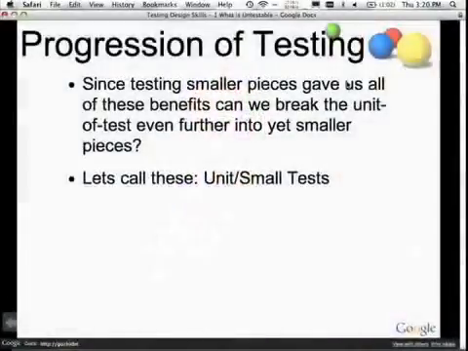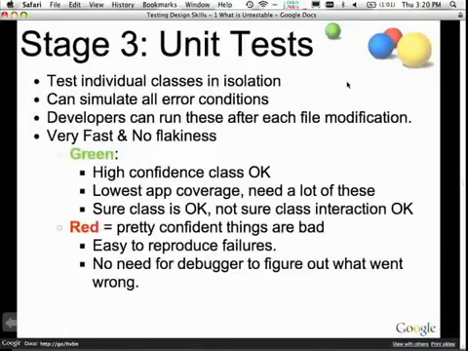So then you say to yourself, wait a minute, if going from large-scale testing to medium-scale testing we got better, maybe we can go further and go down to individual components. In the world of software, that's individual classes. So instead of testing that the engine works as a whole, I can have individual tests that verify that the piston is of the correct shape, that the oil is present, that the spark plug has the correct clearance, and so on.